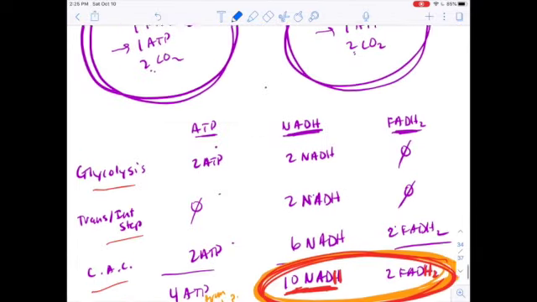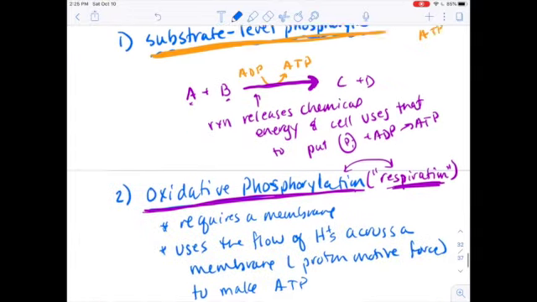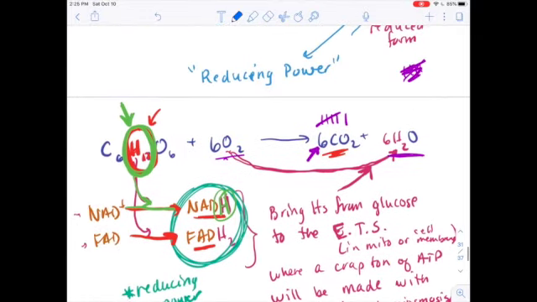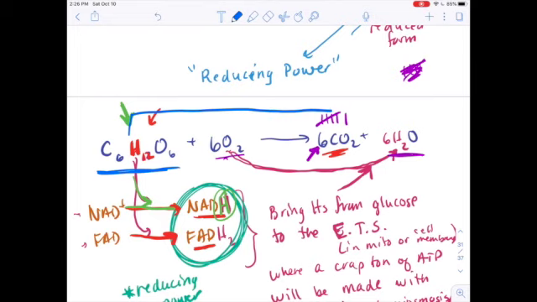So to reiterate, to come way back here, C6H12O6, through the process of glycolysis and the citric acid cycle and the intermediate step, all of these hydrogens get ripped out of glucose by NAD plus and FAD, and they become NADH and FADH2.